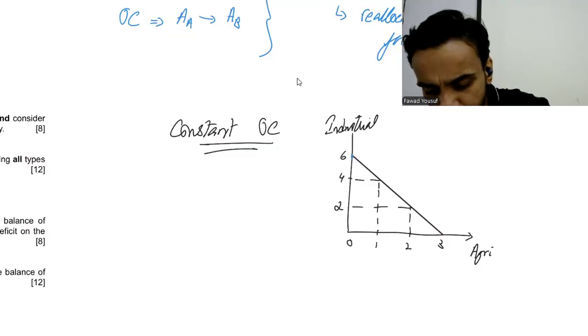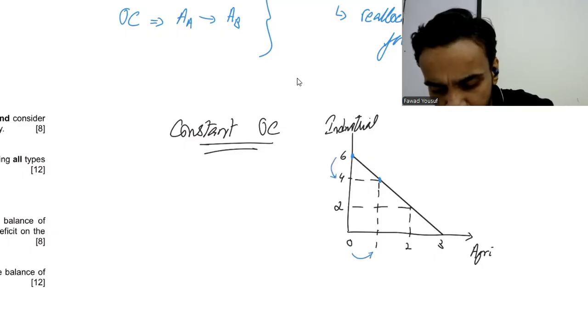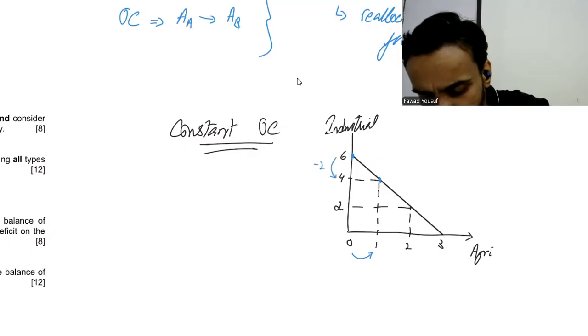But what we're trying to show in the case of a constant is every time you increase the production by 1, you are giving up 2.